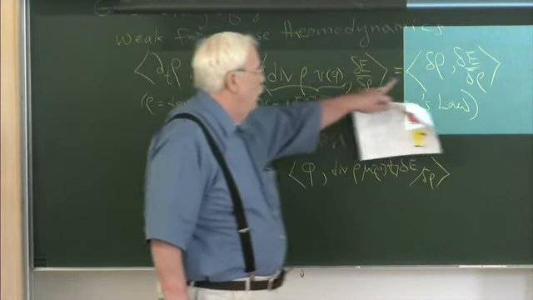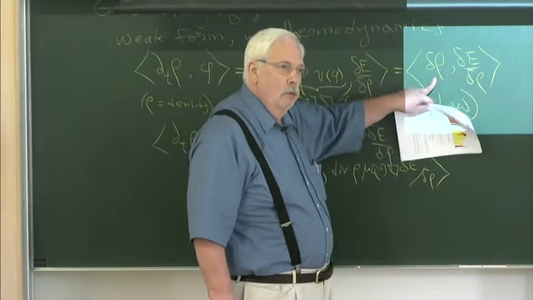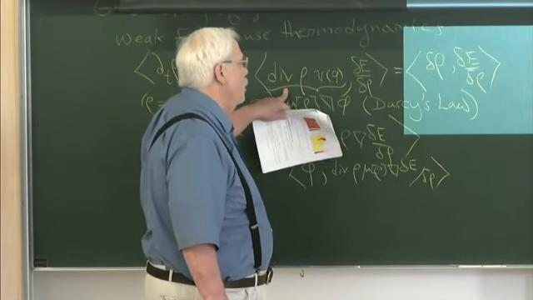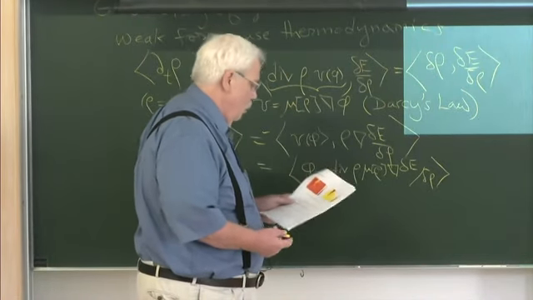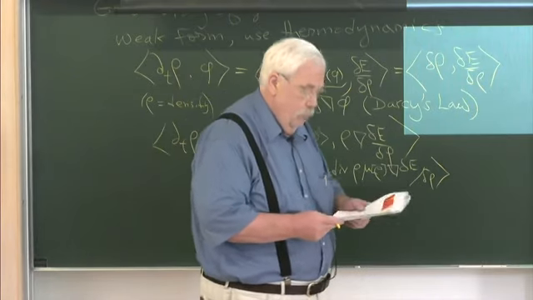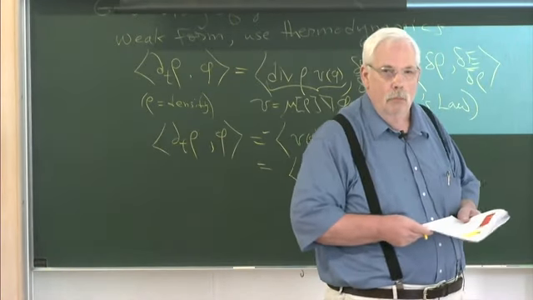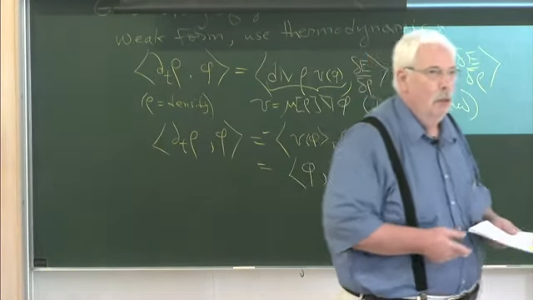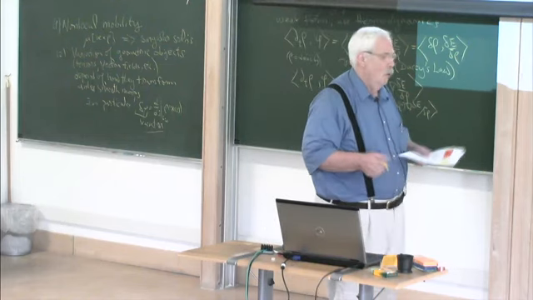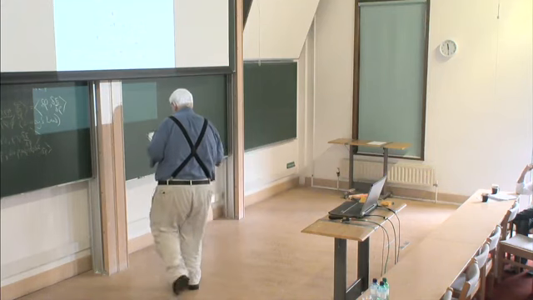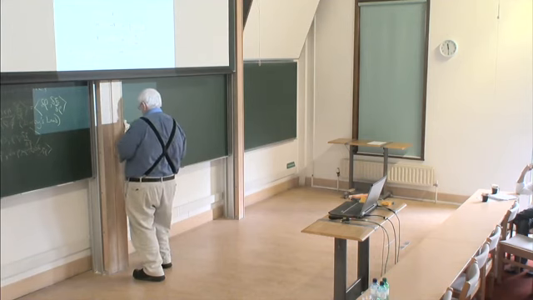Okay, the next key idea is going to be this delta rho is written this way. Why is that? Okay, anybody know why that is? Okay, I'll tell you. Let's see.